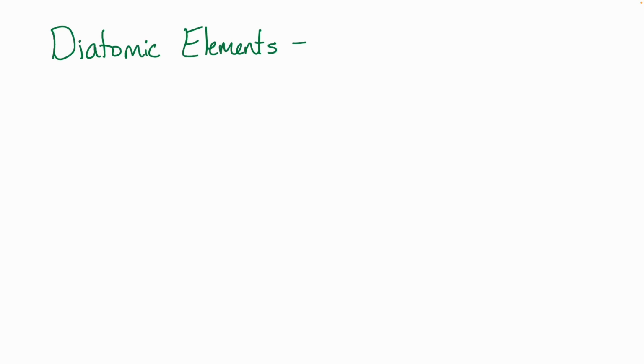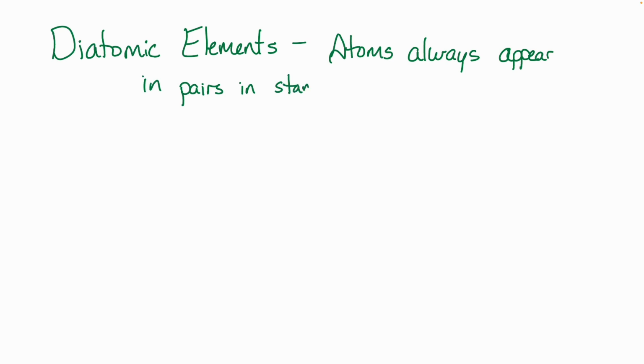These are elements whose atoms always appear in pairs in their standard states. So this name diatomic, if we pick it apart, what do we think the di means? 2. And so these are 2 atom elements. They always appear in pairs.